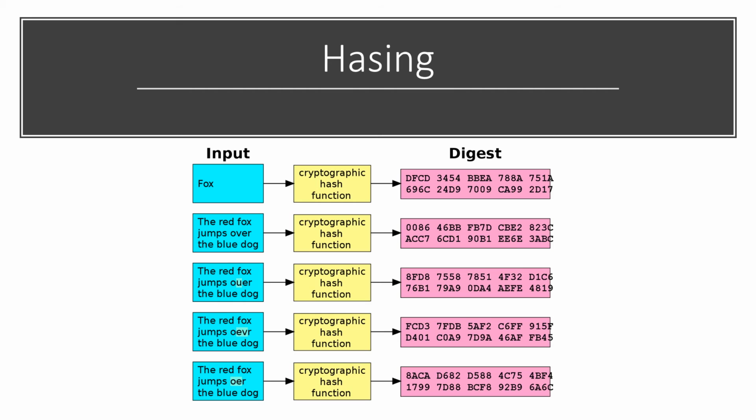And you can see that length doesn't matter, because even though the length is different, like this fox only has 3 digits, however there's a sentence, they still generate with the same hash function. They will always generate the same amount of digits.